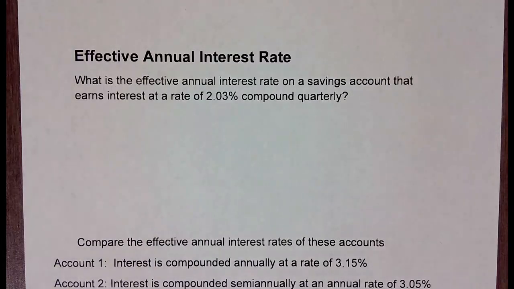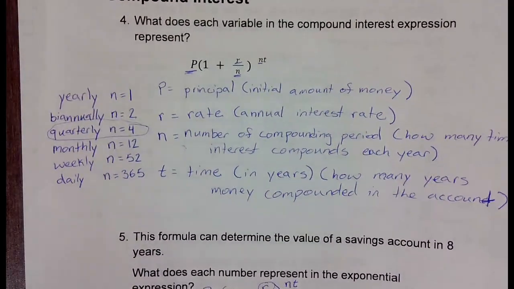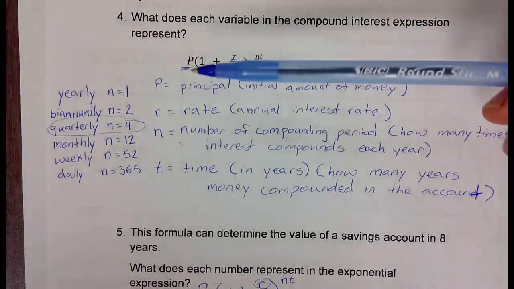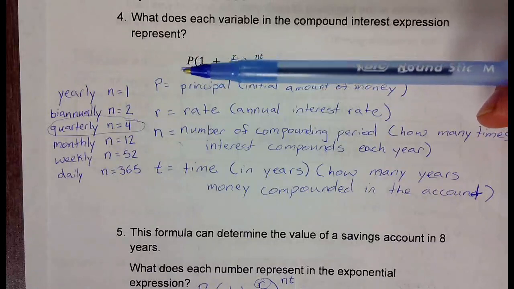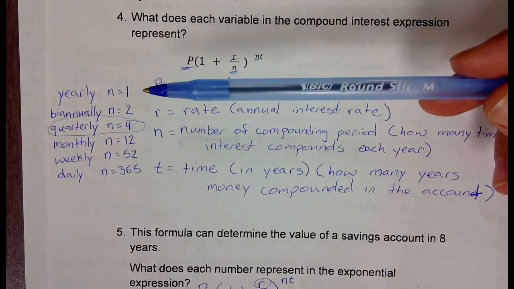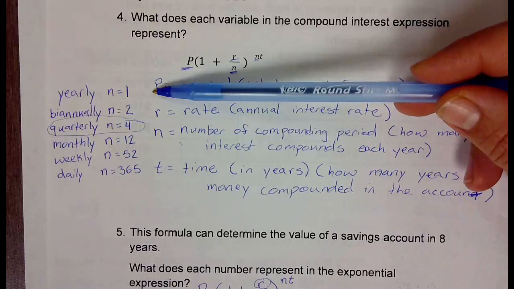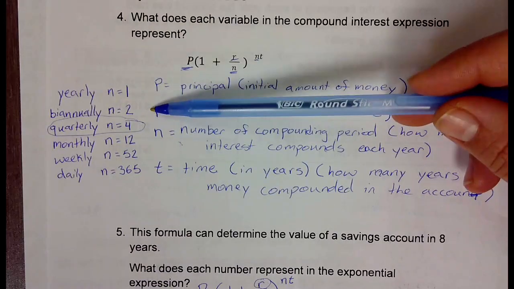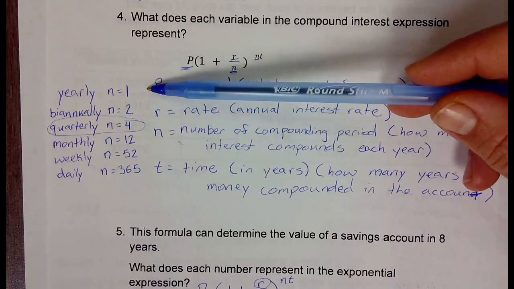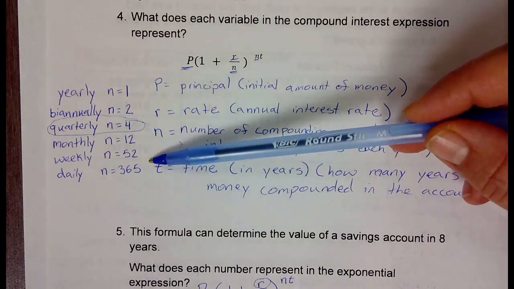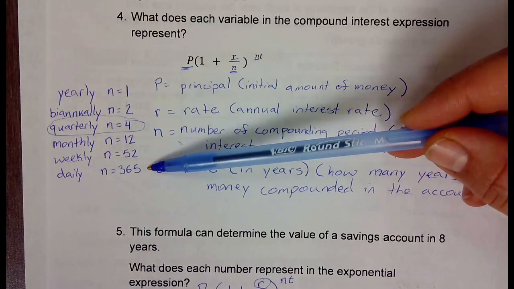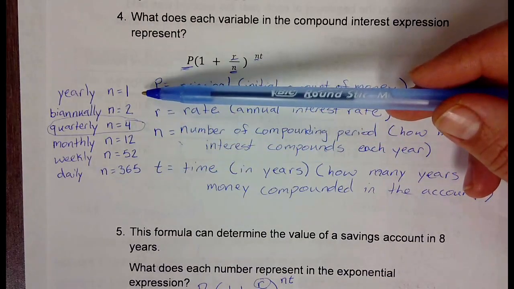So when we have different compounding periods for an interest rate, even if I have the same interest rate, if I have, let's say it's compounding at a rate of 2% yearly, I'm going to make more money if it compounds biannually instead of just yearly, or a lot more money if it compounds daily instead of just once a year.